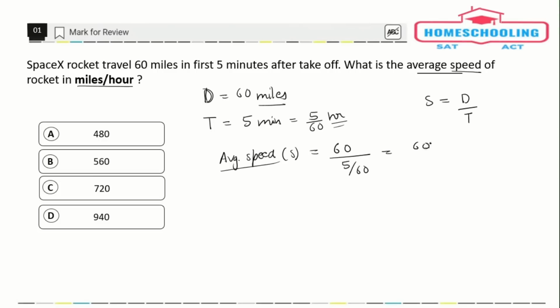So this is 60 times 60 divided by 5. 12 times 60, and 12 times 6 is 72, and we put the 0. 720 miles per hour. So option C is the correct answer.